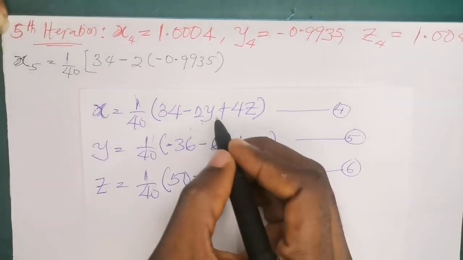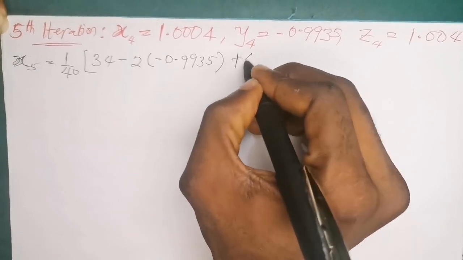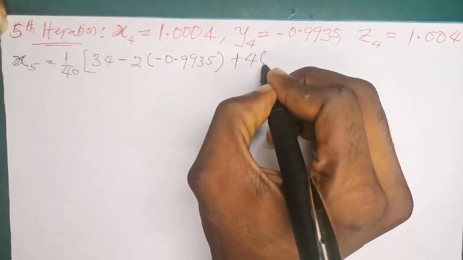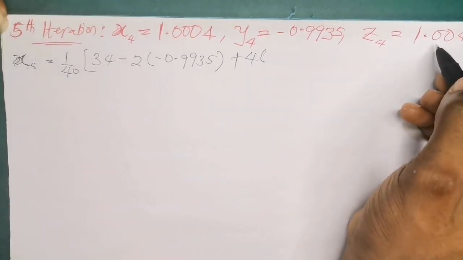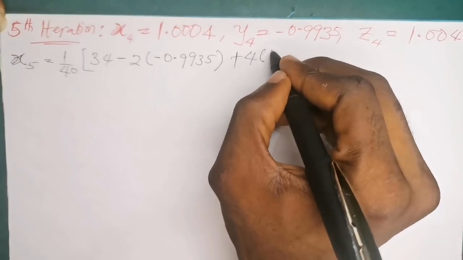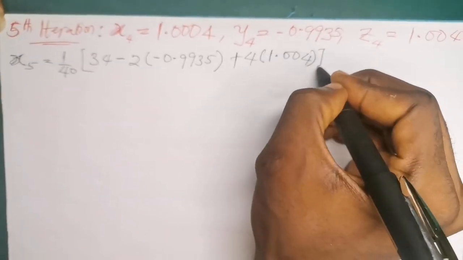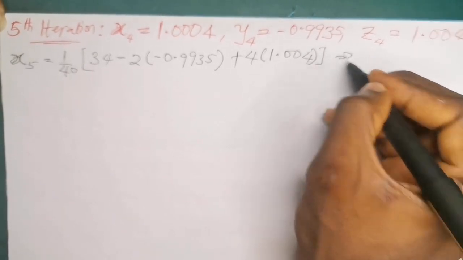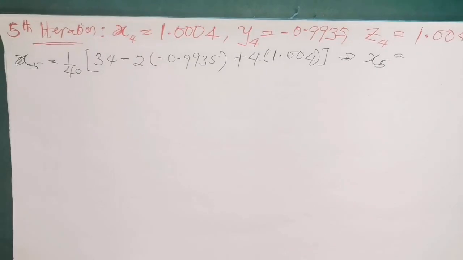Again, we have plus 4z. So plus 4z now becomes z4, and z4 itself is 1.0040. So this is simply 1.004. Let's see what x5 will give us.